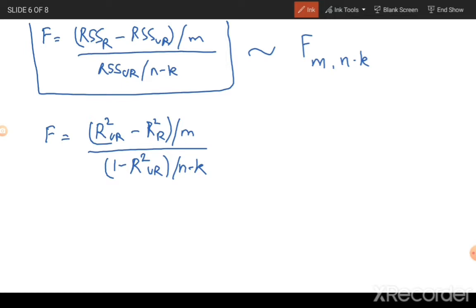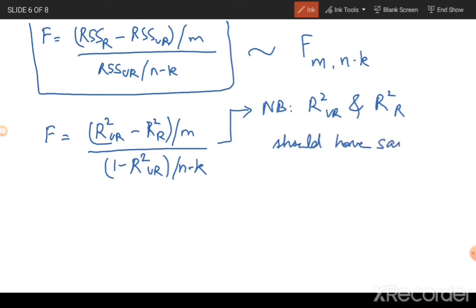But point to keep in mind, nota bene, when you're using this formula, R square of the unrestricted model and R square of the restricted model should have the same dependent variable.